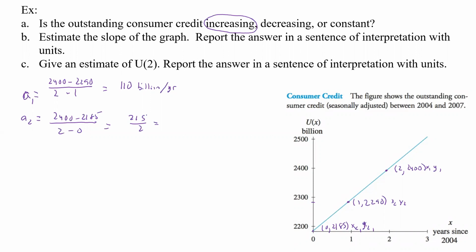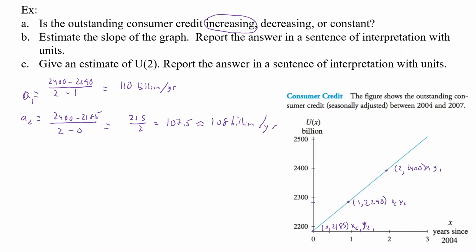If we divide that by 2, that's 107.5, so roughly 108 billion per year. Okay, so fairly close, not bad for guessing points on the graph. Either one of those I think would be a reasonable estimate.